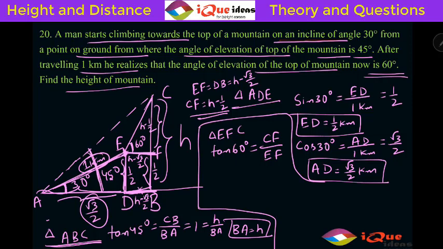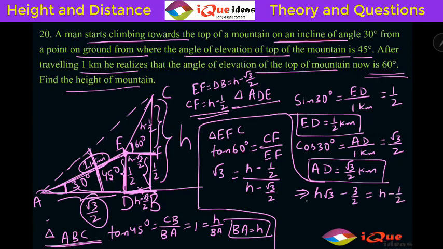Now tan 60 degree is root 3, CF is H minus 1 by 2, alright, and EF we have calculated it is H minus root 3 by 2. So if you cross multiply, you will get root 3 into H is H root 3 minus root 3 into root 3 by 2 is 3 by 2 and everything is equal to the other side H minus 1 by 2.